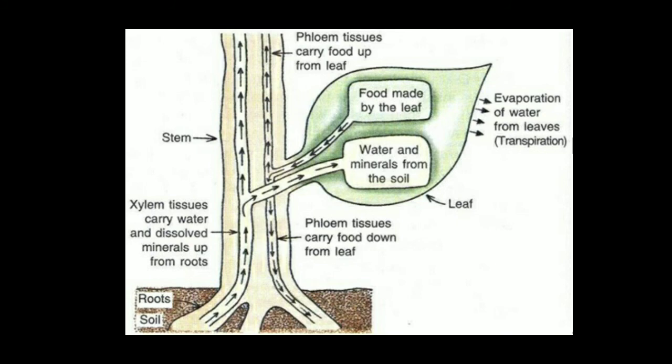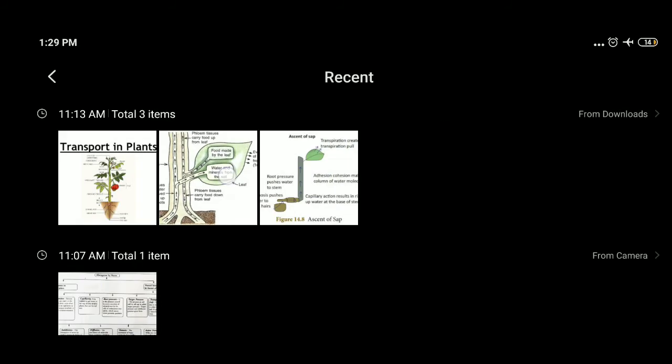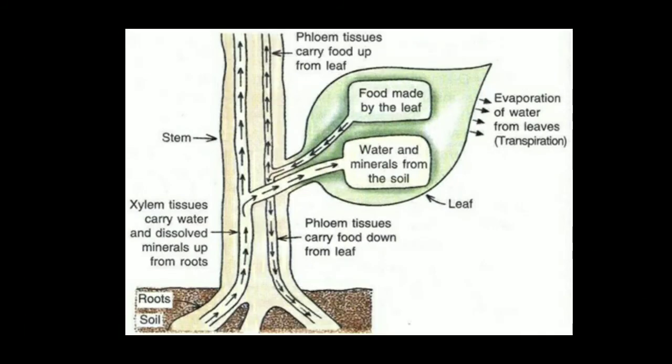Look at the right side, on the leaf. Here, the food is made by the leaf, and water and minerals from the soil come inside, because we know that photosynthesis is the creation of glucose with the help of chlorophyll and sunlight.